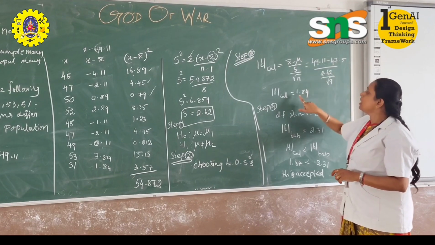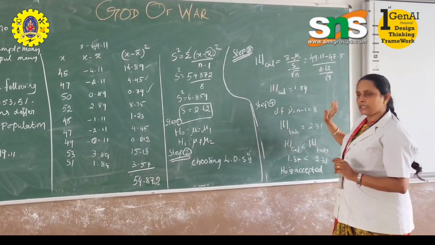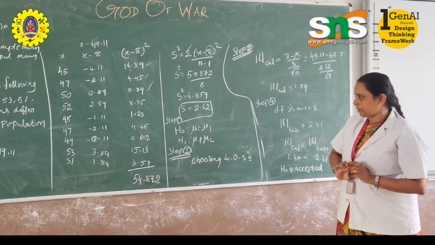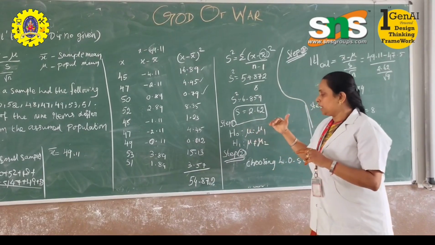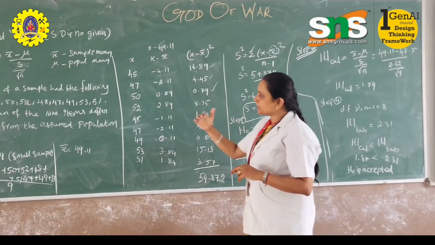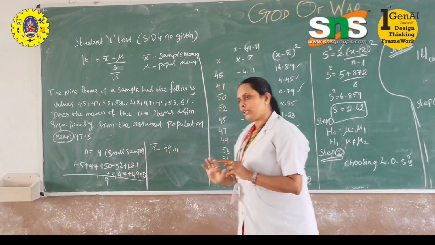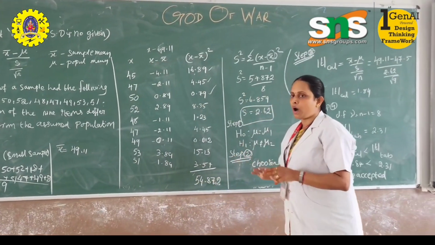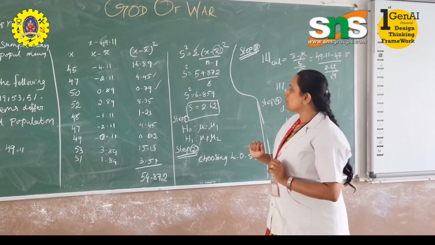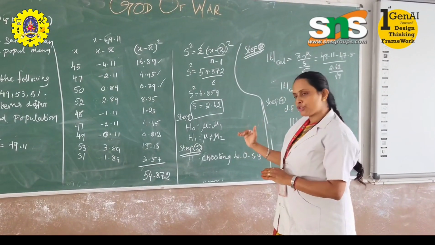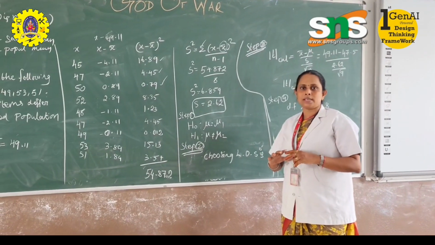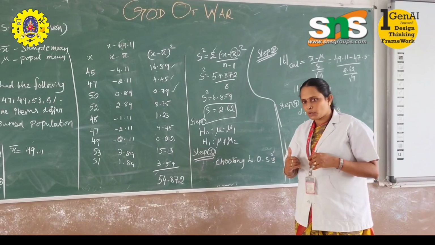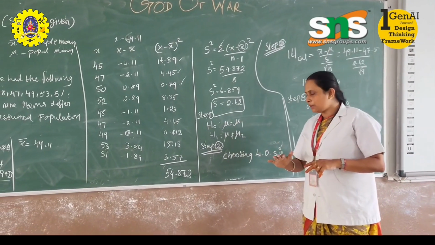Next, we have to analyze whether the population mean 47.5 is true or false. So we formulate H0 and H1, which are our assumptions. First we assume there is no significant difference between the sample mean and the population mean, that is, the population mean is 47.5.